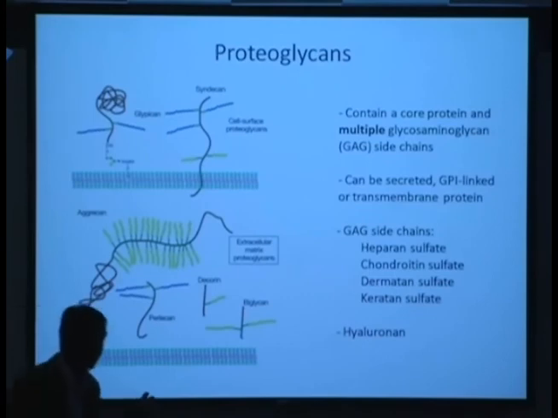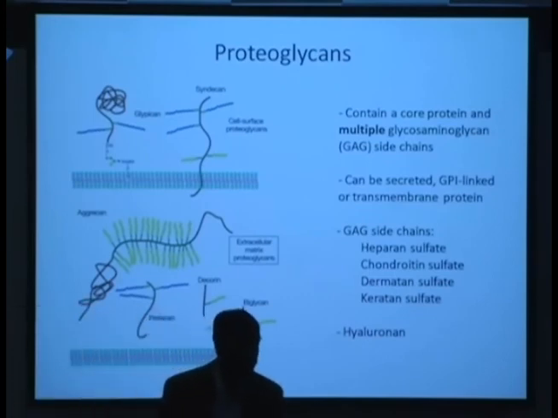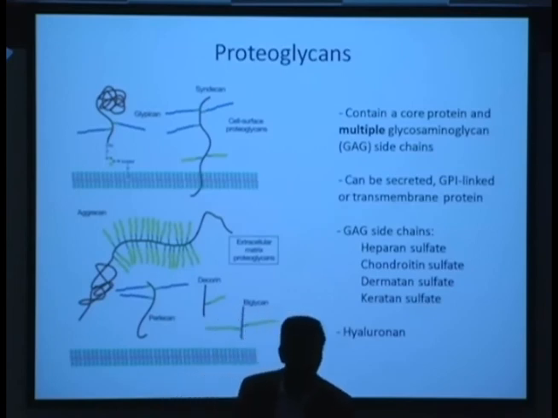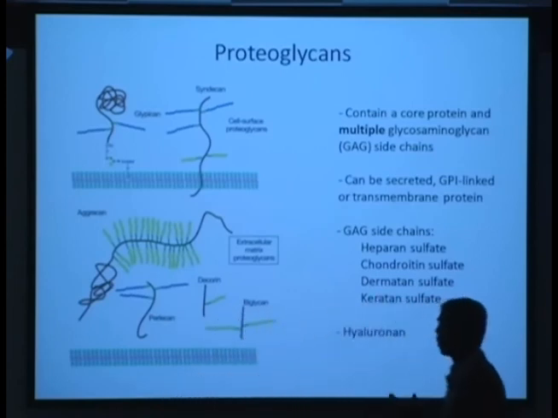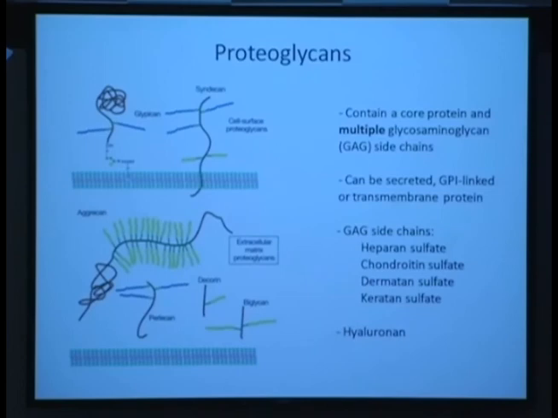And of course, they also carry N-glycans and O-glycans, which we talked about but are not going to focus on. Those N-glycans and O-glycans also play a role in how these proteoglycans function. And of course, their molecular weight is going to be much smaller.